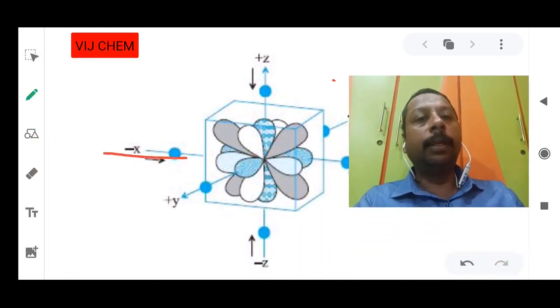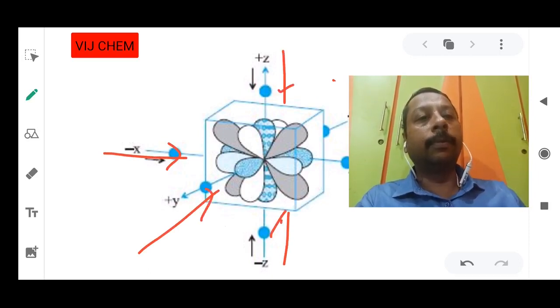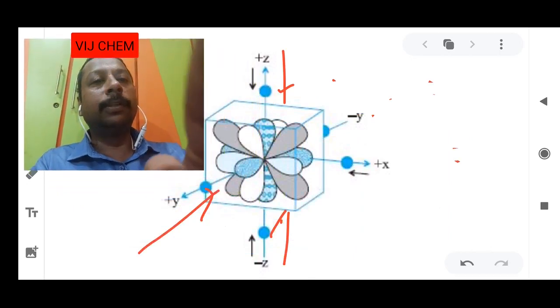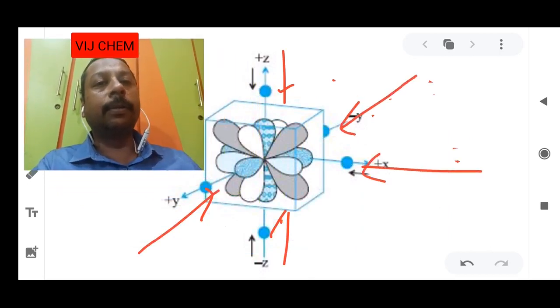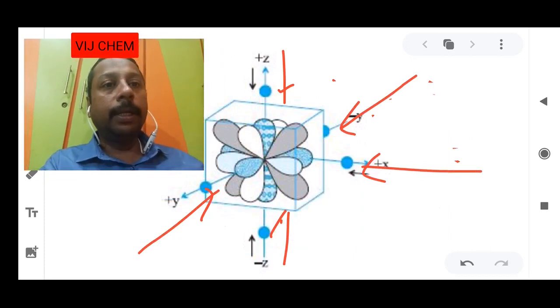Here one ligand is approaching from here, another from here, another from here, another from here. I will move this side for your comfort. Another from here, another from here. So total how many ligands are there?